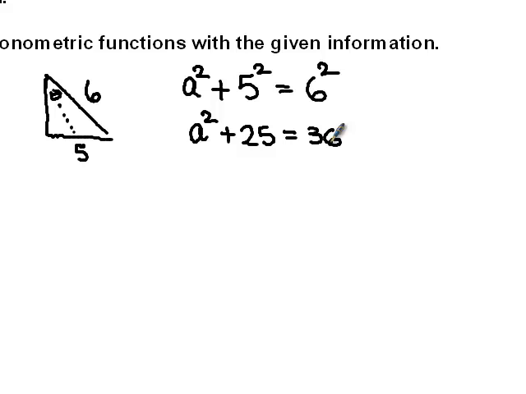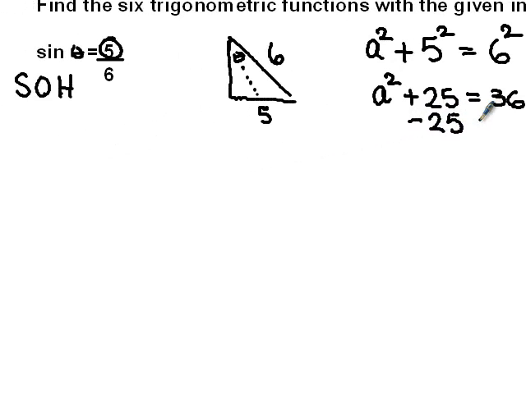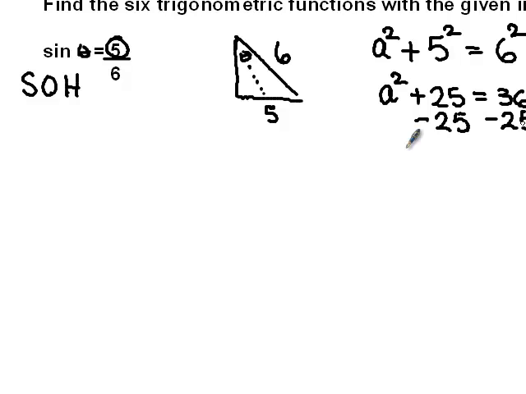And if we solve for a squared, we get 11. And then we just have to simplify this. So a would be the square root of 11. And we're going to keep it that way so that we don't have to deal with long decimals.